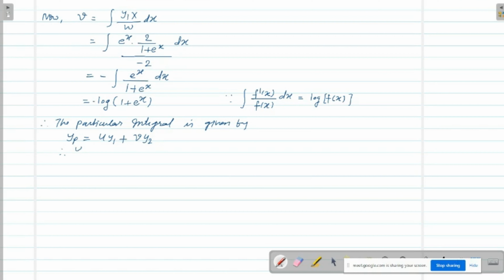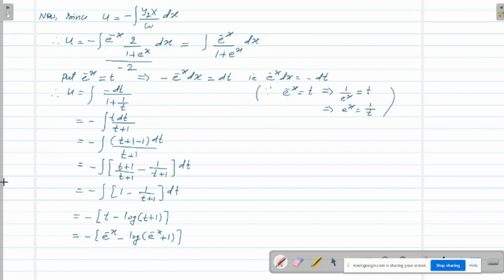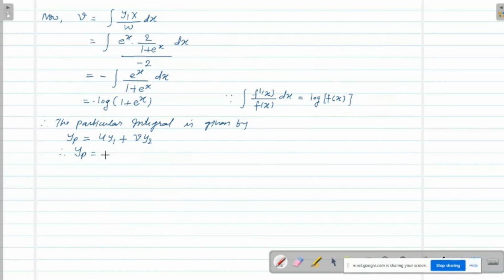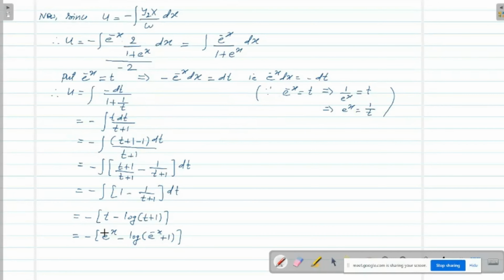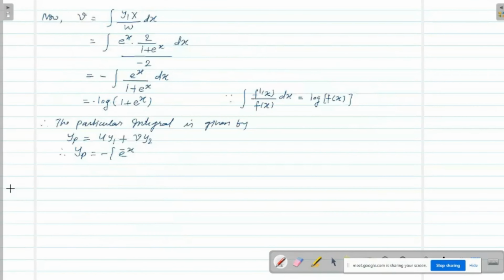So yp equals u, and u is negative of, in a bracket, e raised to minus x minus log of e raised to minus x plus 1. Okay, this is u.